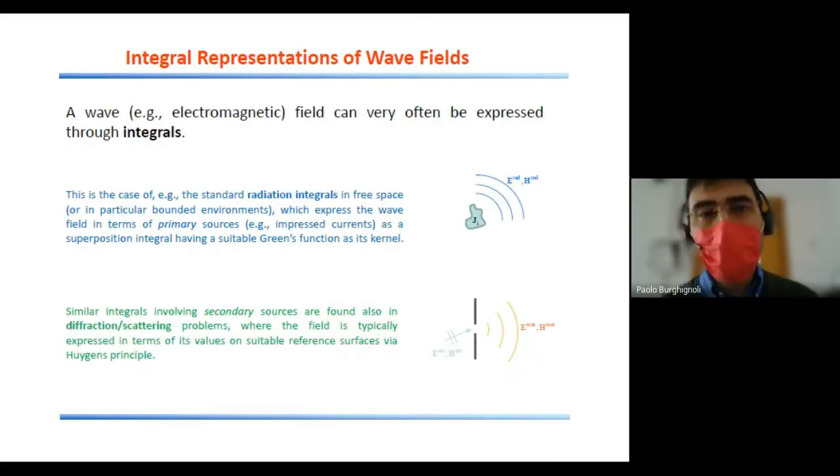A general wave, in particular an electromagnetic wave, very often can be expressed by means of integrals. This is, for example, the case for a standard radiation integral in free space, but also in a bounded environment, in which you express the electromagnetic wave in terms of the so-called primary sources.